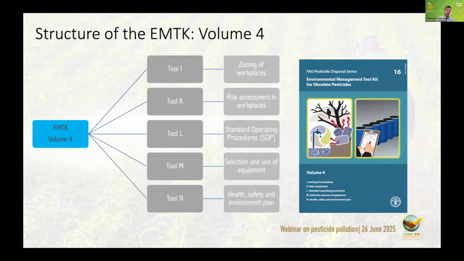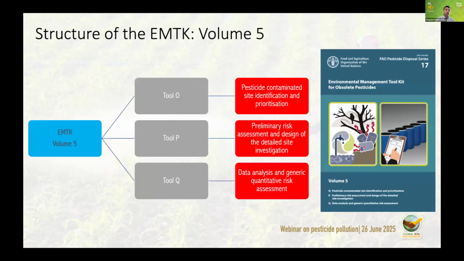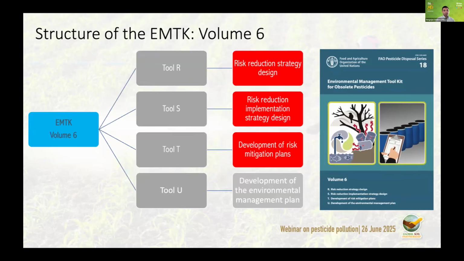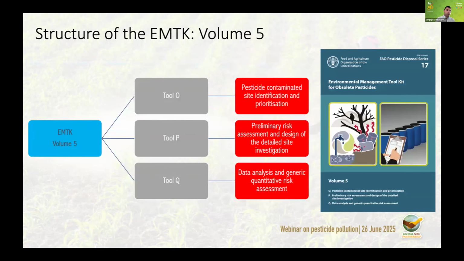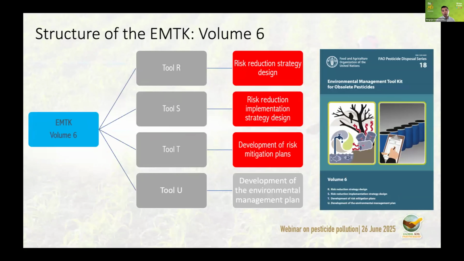Volume 4, not much, although it still needs to be revised and discussed, whereas volume 5 needs to be revised carefully to make sure that the tools that we develop at INSOP and at the Global Soil Partnership are put there and reflected significantly. For the time constraint, I'm not going to explain what each tool has, because it's 21 tools, but as I said, all of those tools and guidelines are available on our webpage, and I will be very happy to share them with you.